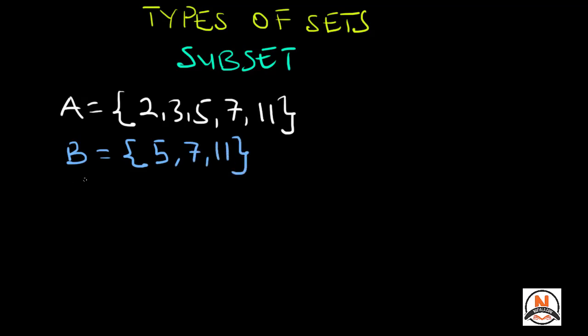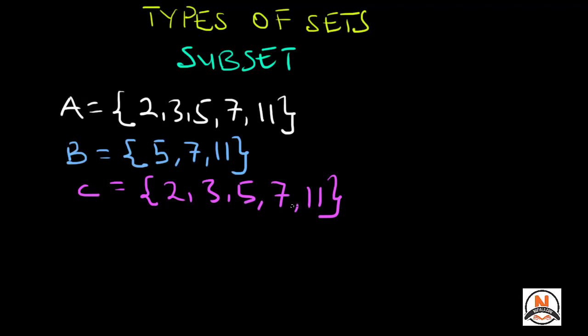And then set C has these elements: 2, 3, 5, 7, and 11. So we have sets A, B, and C here.